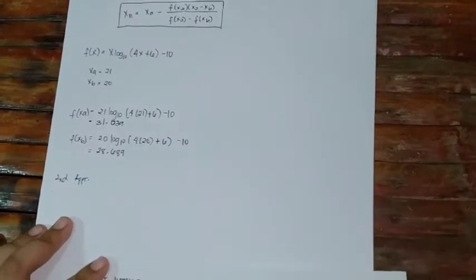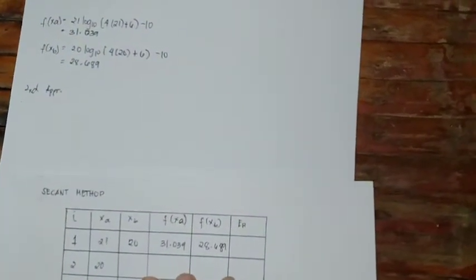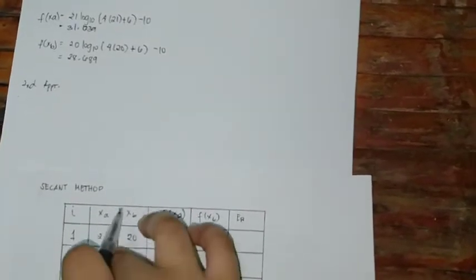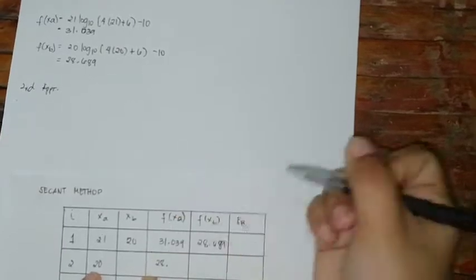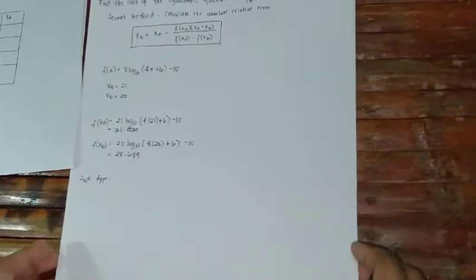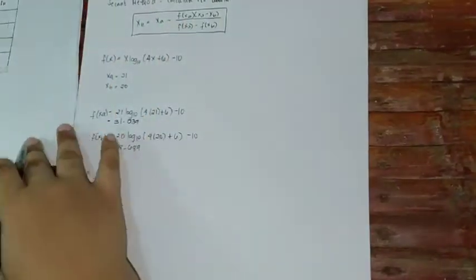So we put 20 here, and the f(x_a) is 28.689.